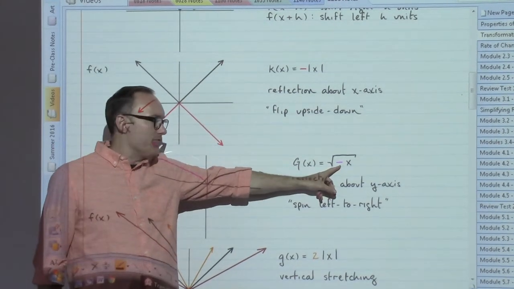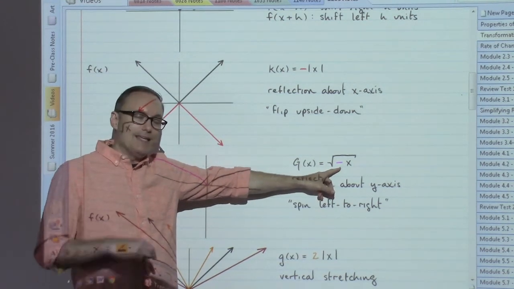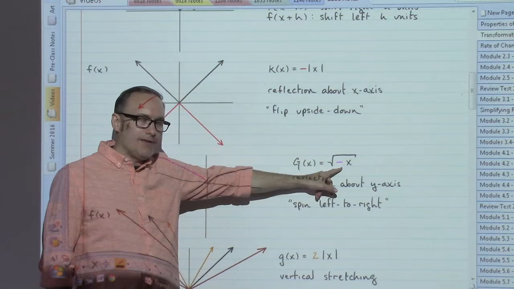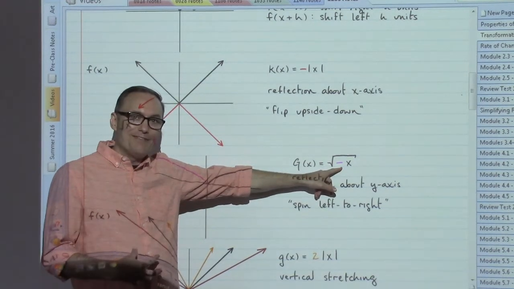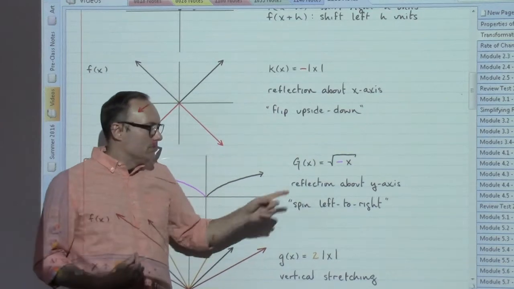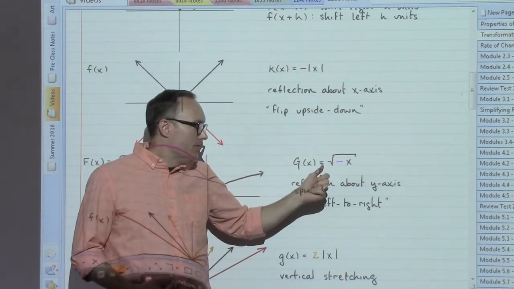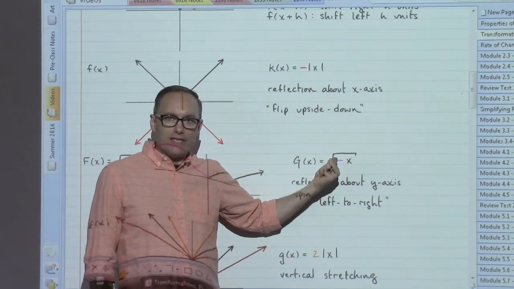If we take that function and, instead of just a regular x inside of the square root, we put in the negative, what's that going to do? Well, in order for us to have things that we're allowed to plug in, we're going to need to offset that negative.